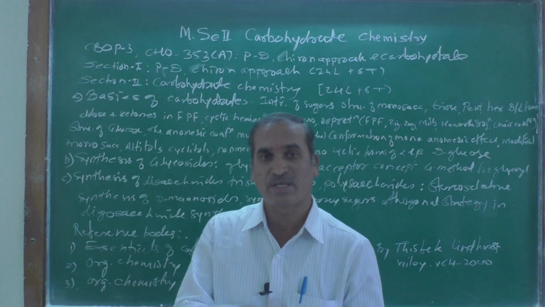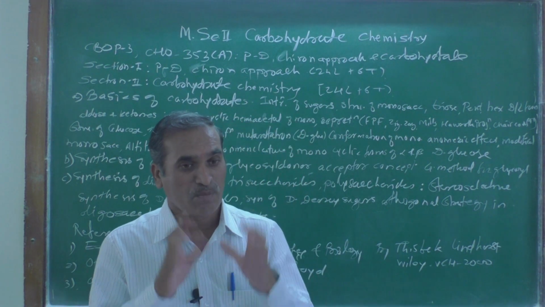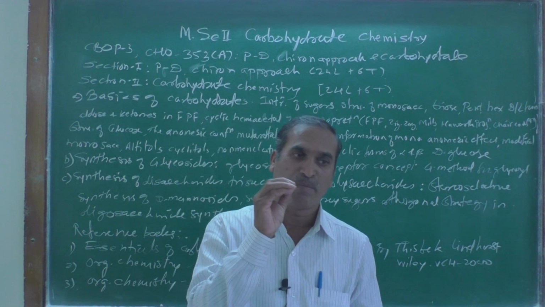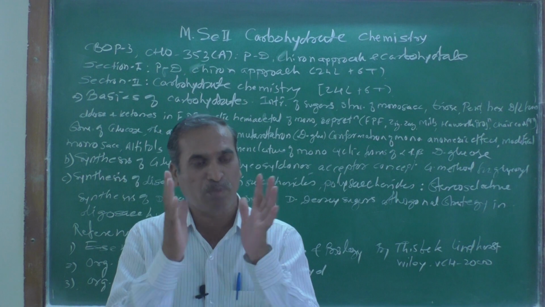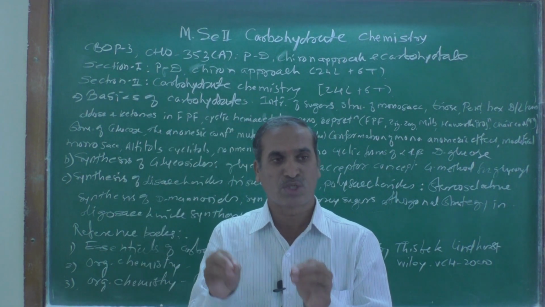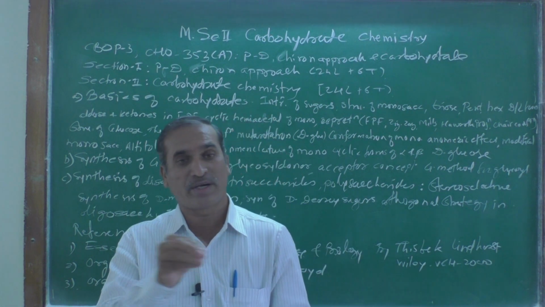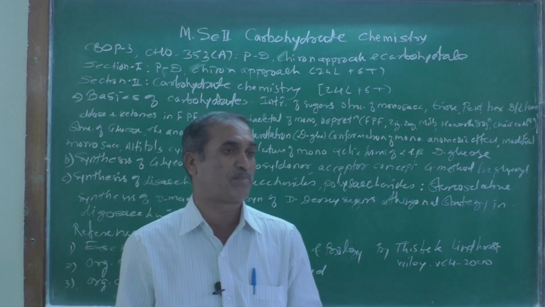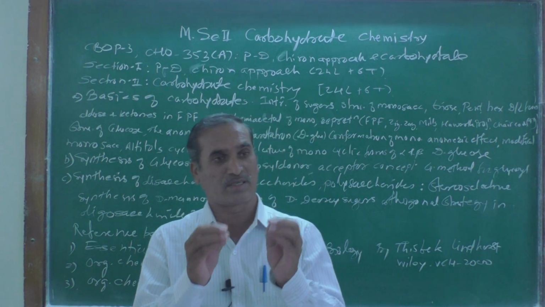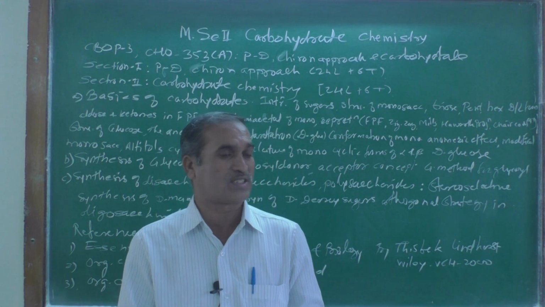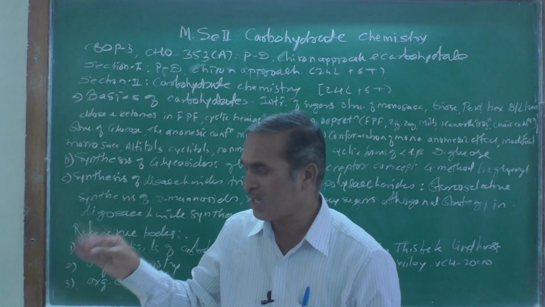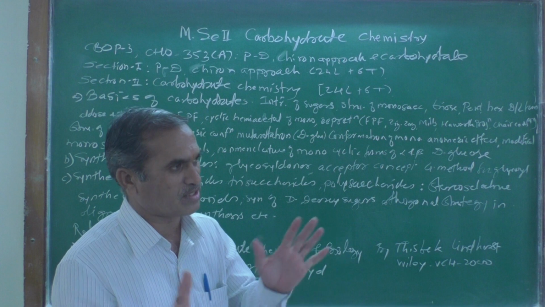Carbohydrate is nothing but a polyhydroxy aldehyde or ketone. Poly means many. Hydroxy, polyhydroxy aldehyde or ketone is known as a carbohydrate. It is the simplest definition of a carbohydrate.